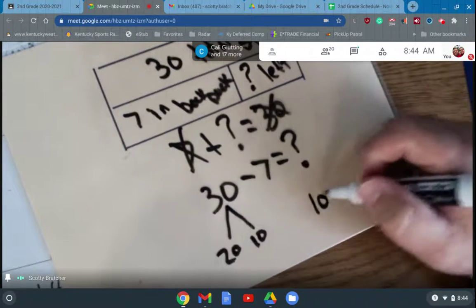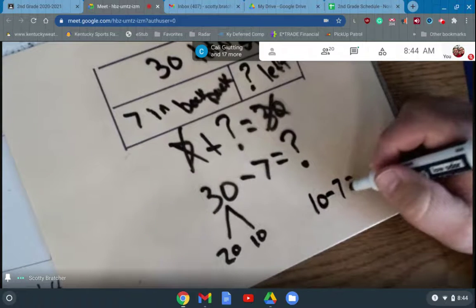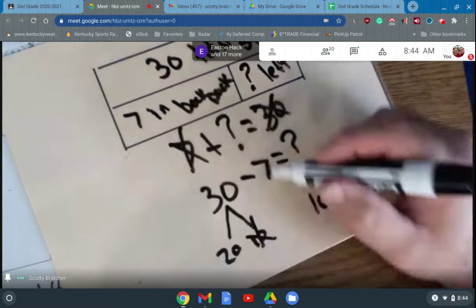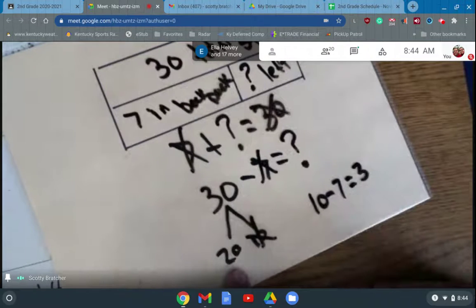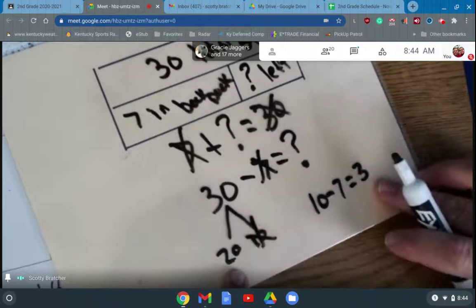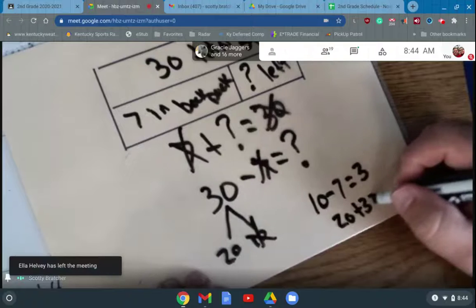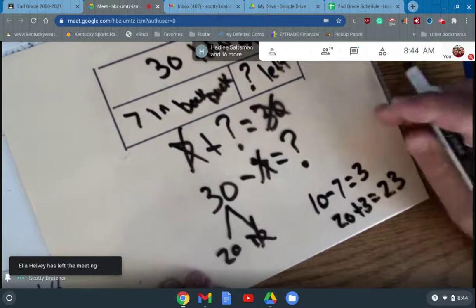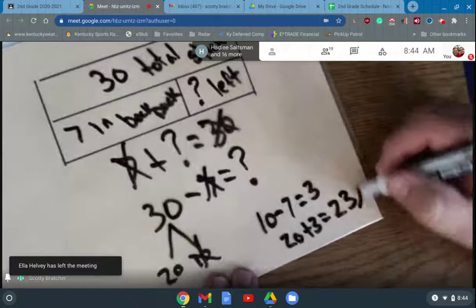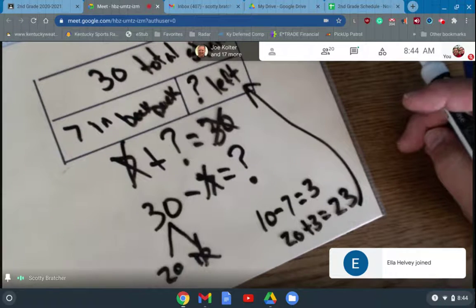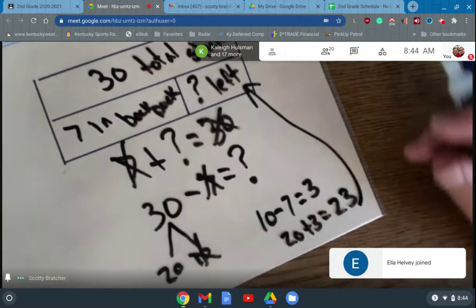Okay, so I'm going to say 10 take away 7, and that should give me 3. So I've used this, I've used that. The only thing left is 20, but I've still got that, and I've still got the 3. So I'm going to put the 20 and the 3 back together, and I get 23. 23 what? 23 left. Okay? So our answer should be 23 stickers left.